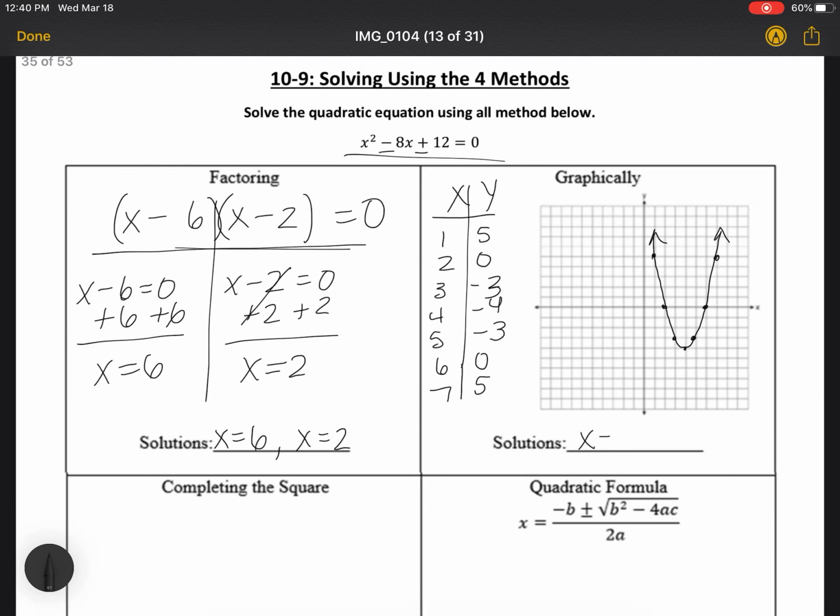Okay, and again, you should see that this is crossing the x-axis at 2 and positive 6. Remember, when we look for solutions on a graph, you're looking for where it crosses the x-axis.